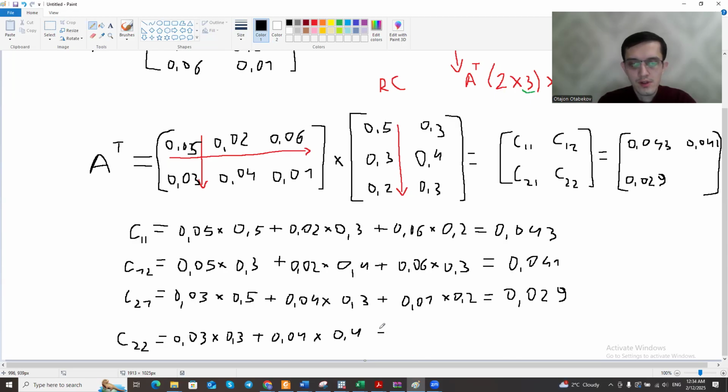And finally, third element 0.01 multiplied by third element 0.3.